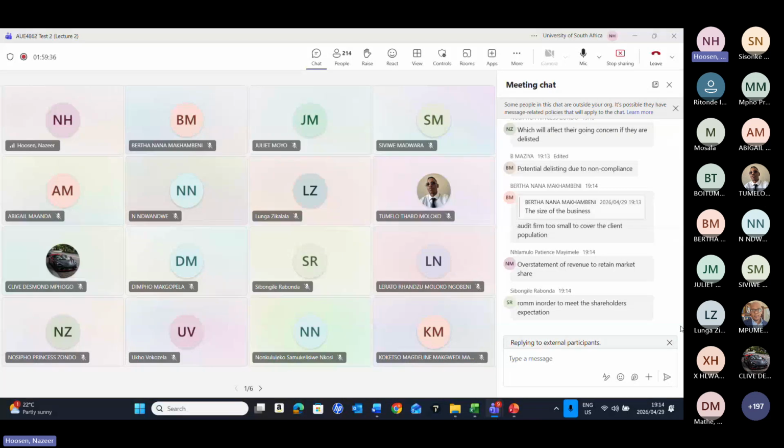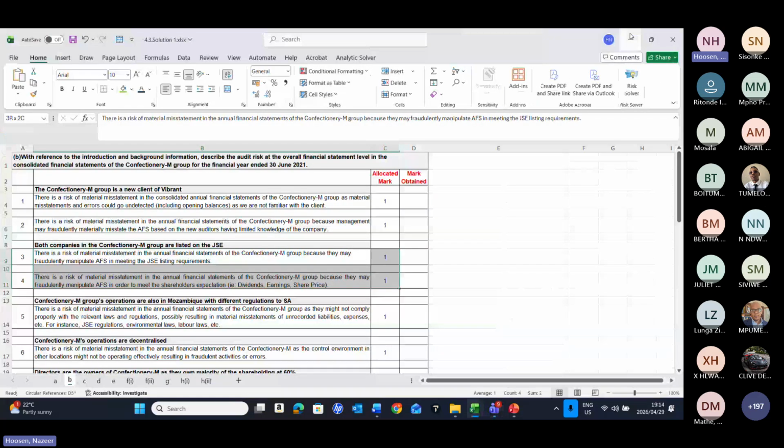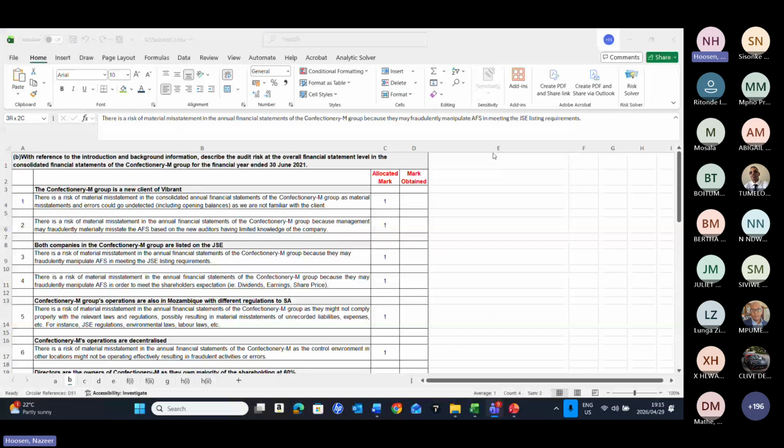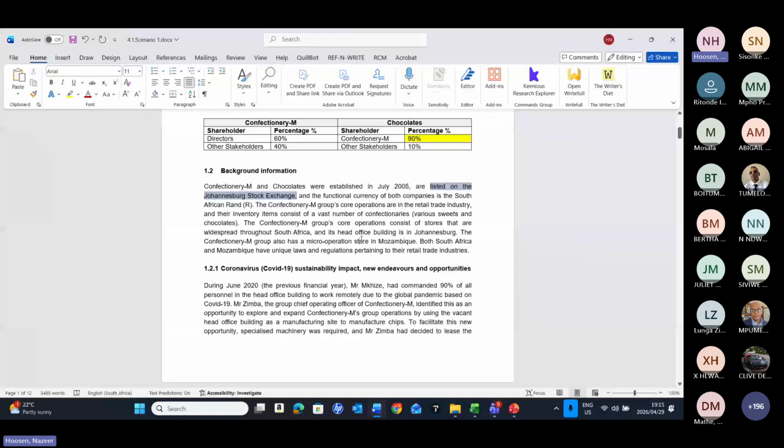I'm not sure who the gentleman was, but I did not get that answer, but I see that all of the answers are coming up in the chat. There's also another comment that the firm is a medium-sized firm and might not have sufficient capacity for a listed client. I think a medium-sized firm would be okay to audit a listed client. I think in practice that would be appropriate.